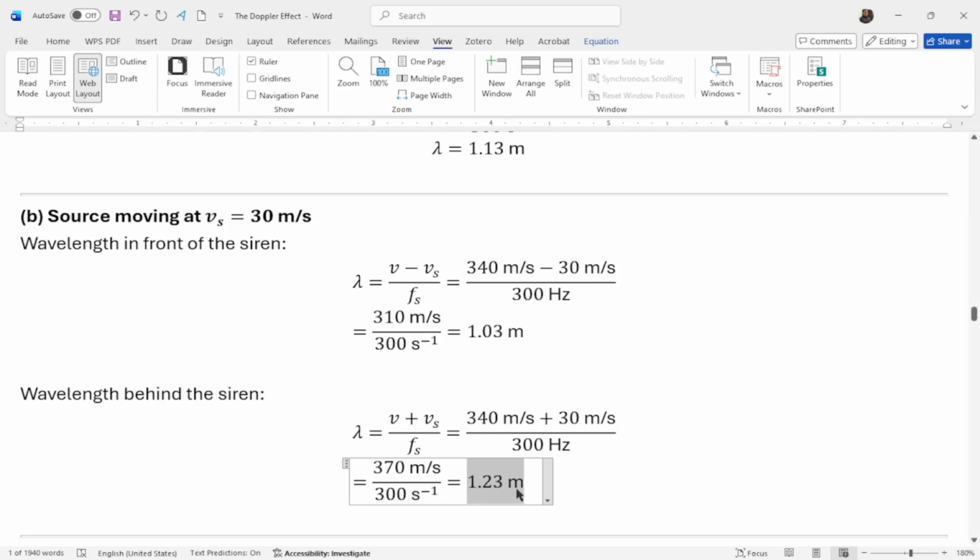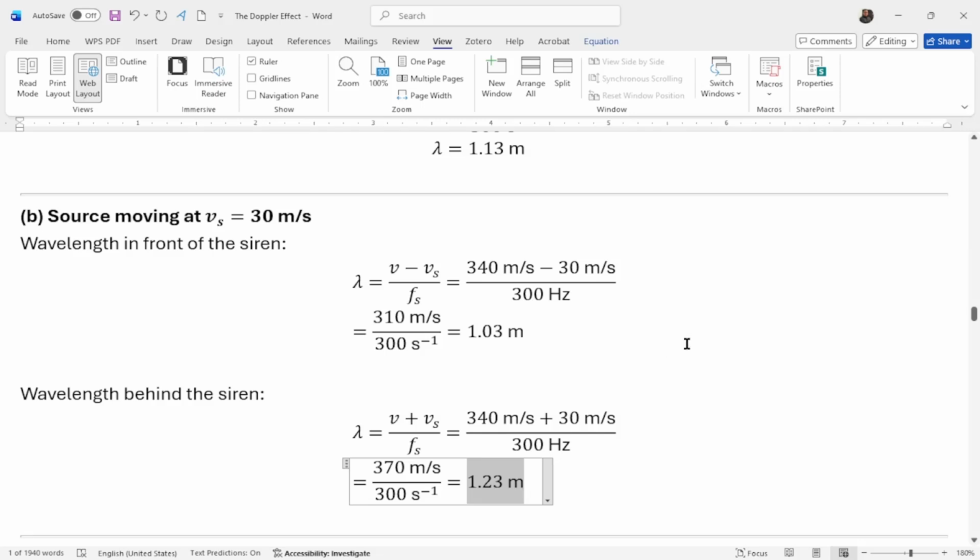Take note, I want you to pay attention to this: the wavelength of the sound at the front of the siren is less than the wavelength of the sound at the back of the siren.